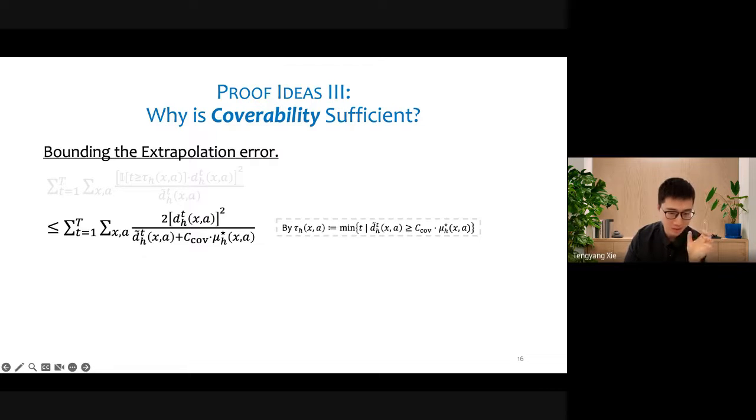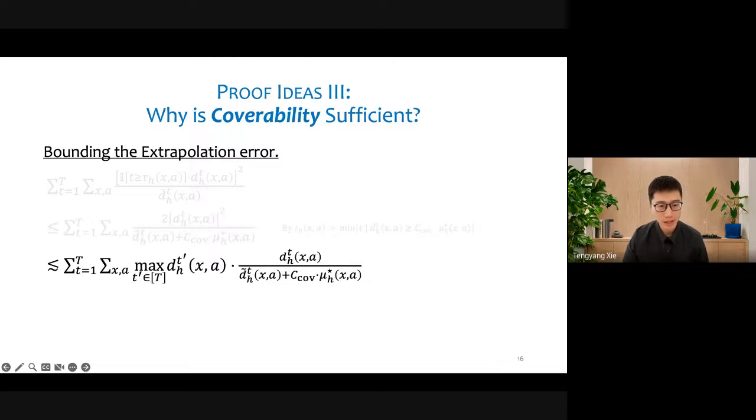The reason we do so is we want to ensure the denominator is always larger than the d pi h for any pi. And after that, we relax the sum over d_h using their maximum.